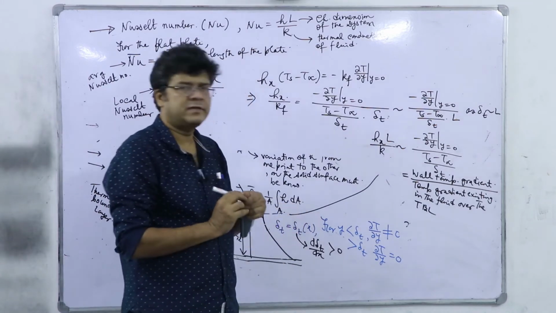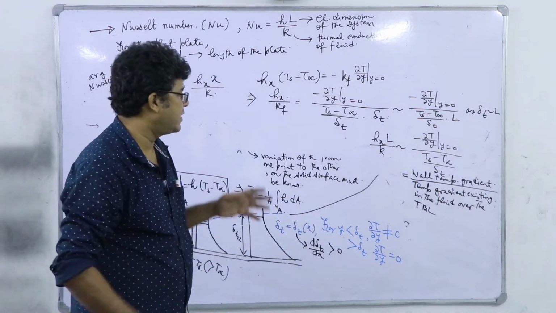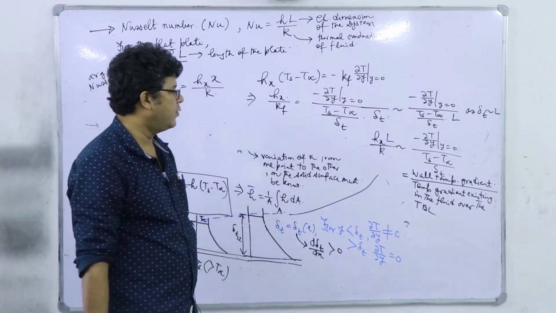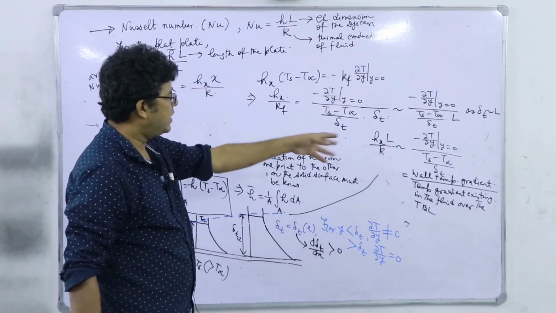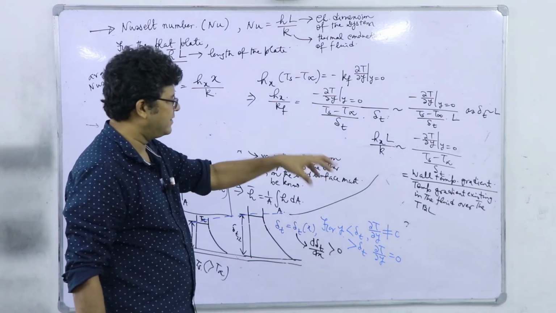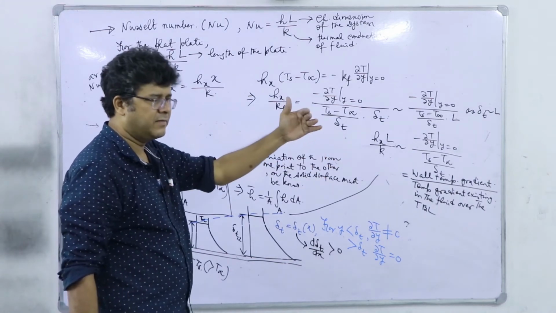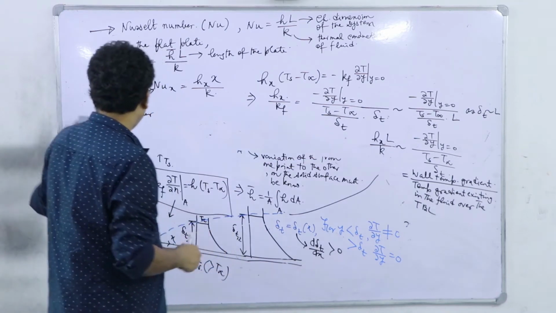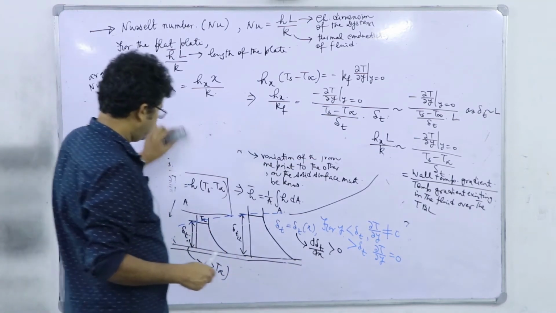So, wall temperature gradient divided by the temperature gradient existing in the fluid over the thermal boundary layer, or temperature gradient existing from the plate to the bulk of the fluid, something like that. So, this is basically the Nusselt number, right.